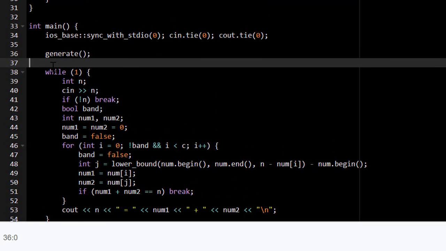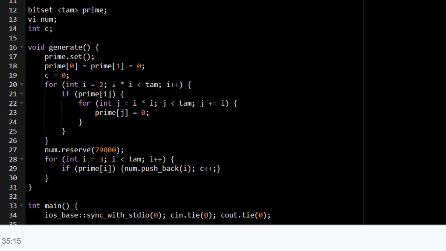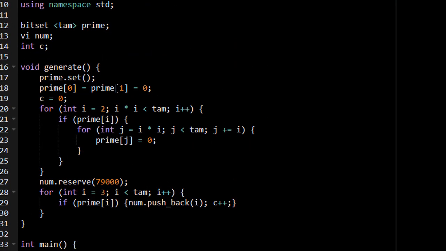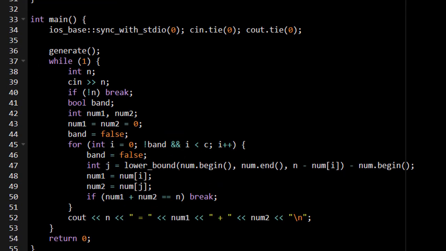Let's erase it. Now this is how we generate the list of prime numbers up to 1 million. If you want to do it up to 10 to the power of 9, I wouldn't recommend that, you guys, because you're gonna have memory limit exceeded. You're gonna need 1 gigabyte of memory.